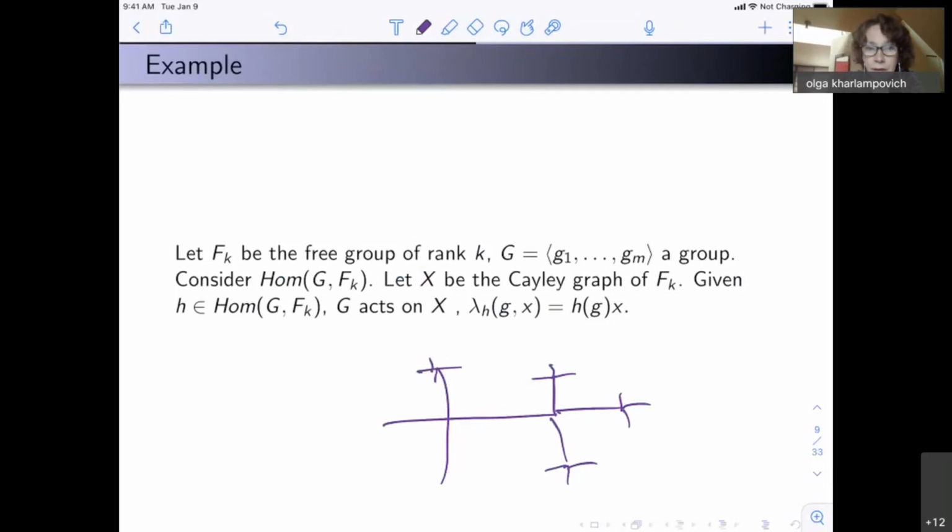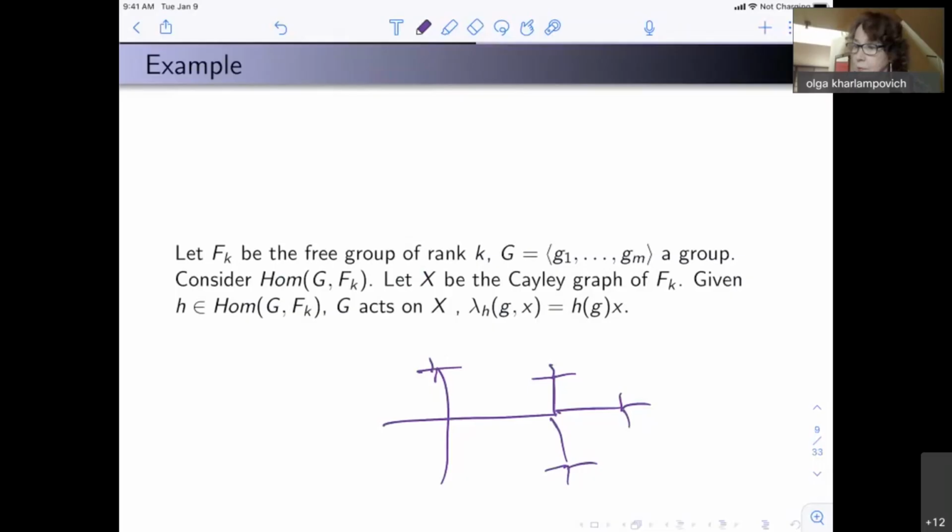If you have a homomorphism h from G to F_k, then G acts on X_k like this. Basically the action is like this: points of the graph are elements of the free group, right?